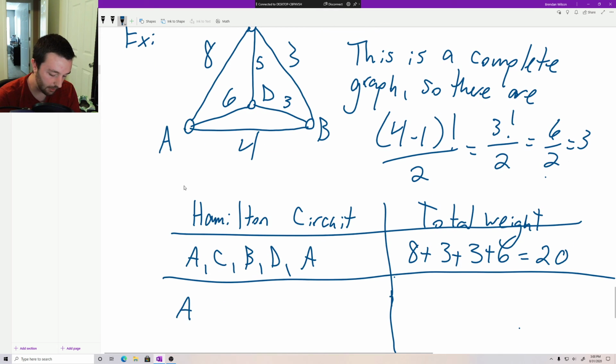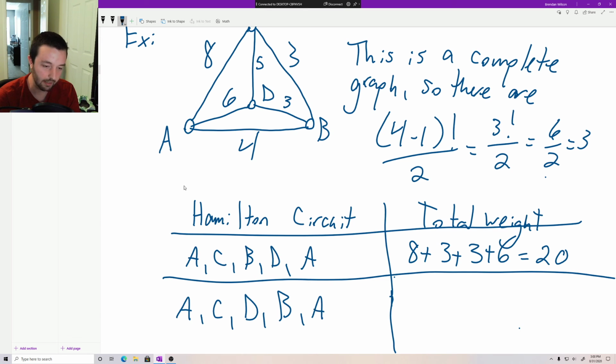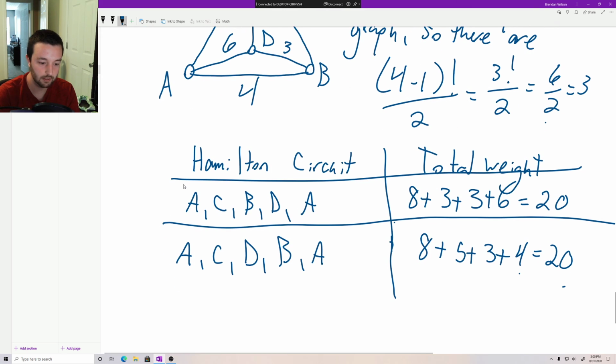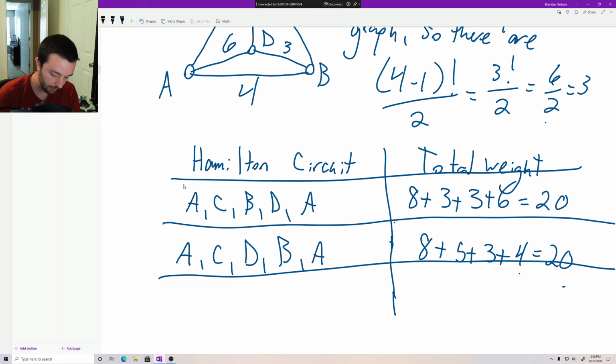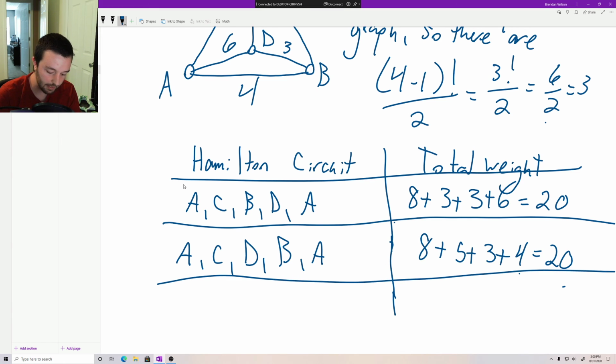If we start at A, still go up to C, but now we go down to D, then to B, then back to A. Okay, so we'd have 8 plus 5 plus 3 plus 4. 8 plus 5 is 13, plus 3 is 16, plus 4 is 20. So we got the same thing for the weight. These paths are different, but in terms of the distance, it takes the same amount of miles to travel them.